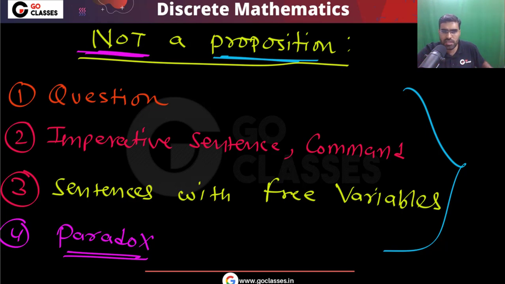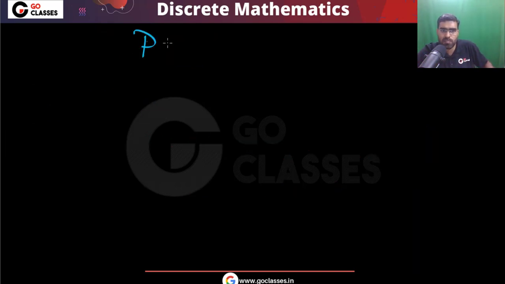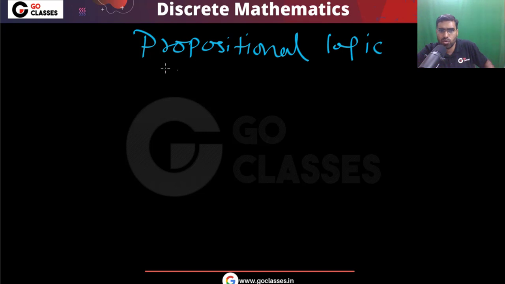So in a proposition, what happens? In this propositional logic, you know that every proposition is either true or false. If it is not true, then it is false. If it is not false, then it is true.